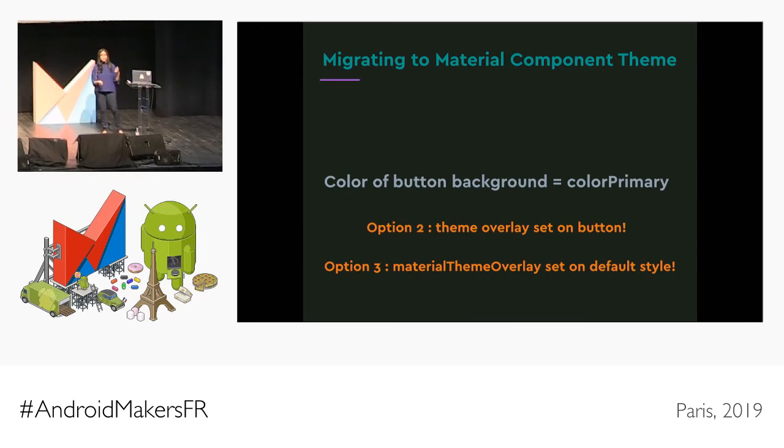So you can do app-wide widget-level styling, but you can't do app-wide widget-level theming. So if you wanted all the buttons in your app to use colorPrimary green and all the text input layouts in your app to use colorPrimary purple, there's currently no way to do that until now.